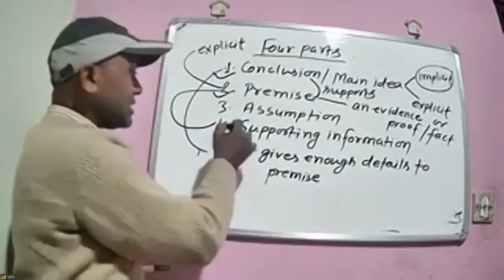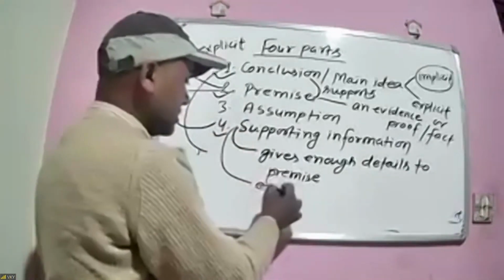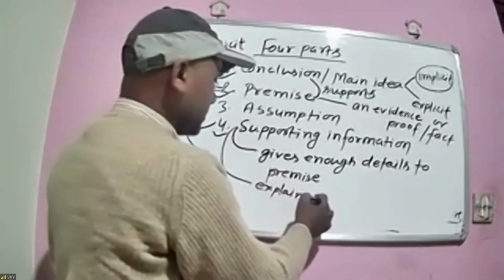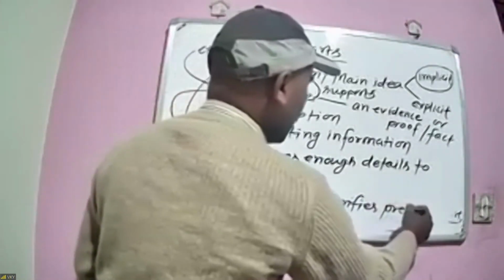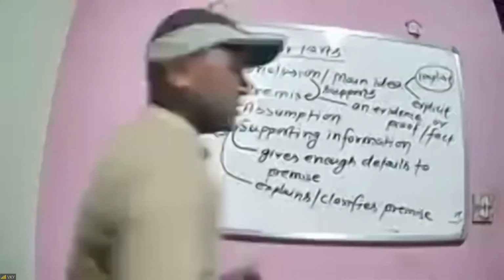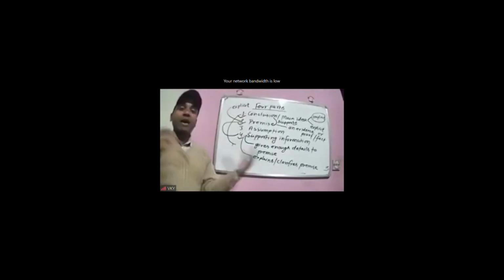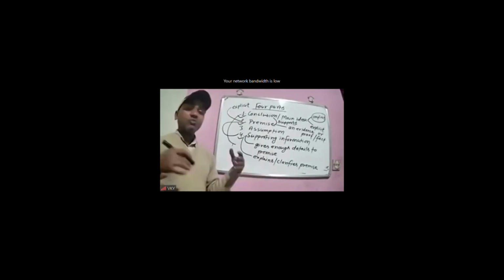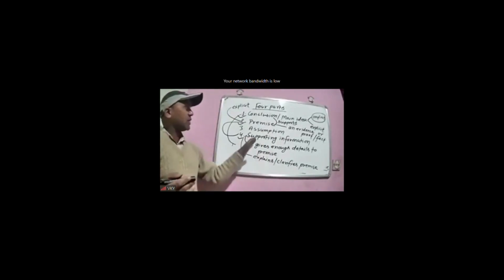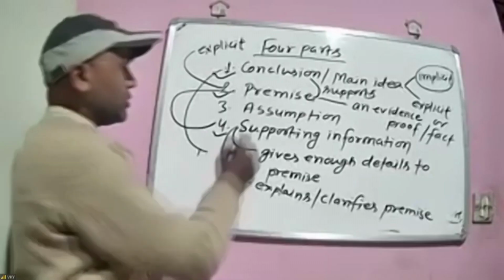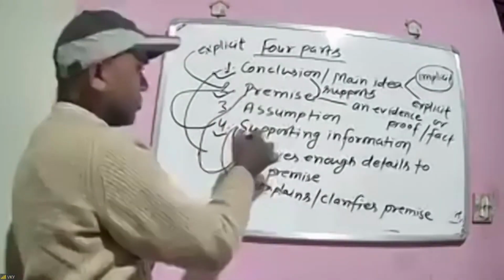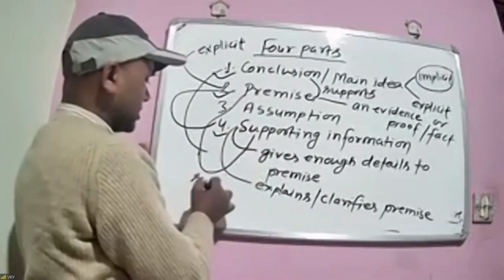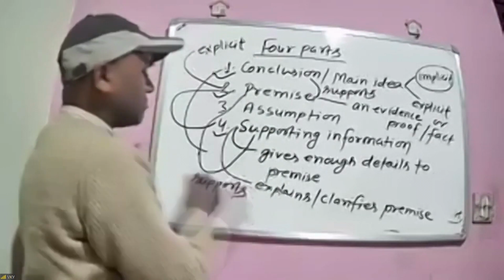It means it explains premise. It clarifies premise. It means it clarifies facts. It explains facts. So it is the explanation of premise. So what you can say, supporting information supports premise.